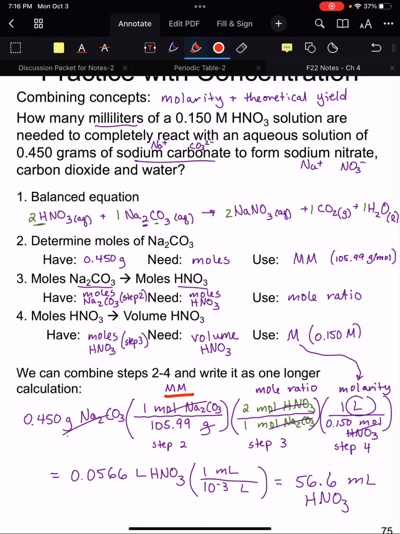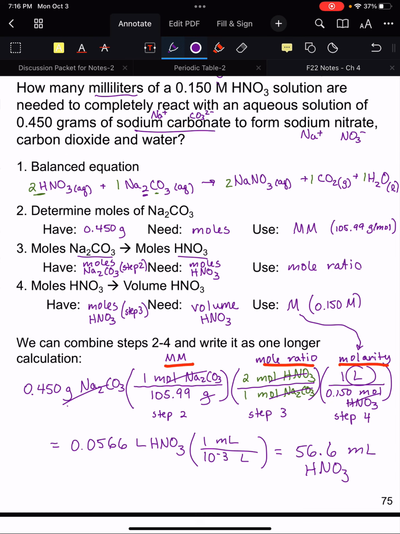But again, not tricky, right? Because the strategy is always the same. It's just a matter of practicing until you remember that we always need to get to moles of a thing first so that we can use a mole ratio. And then the last step is just conforming to what units the problem asks us for.